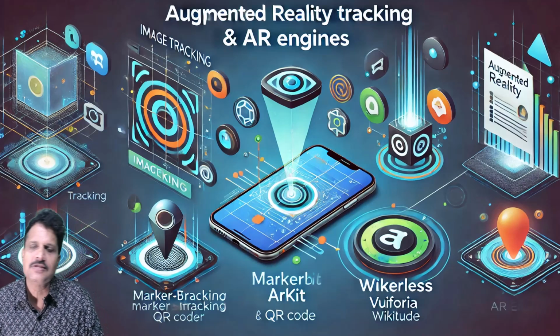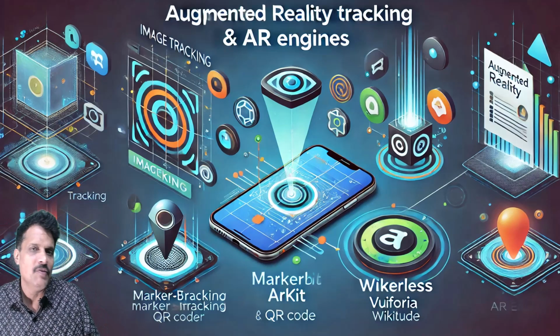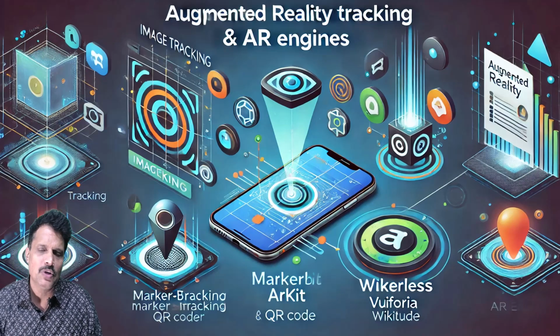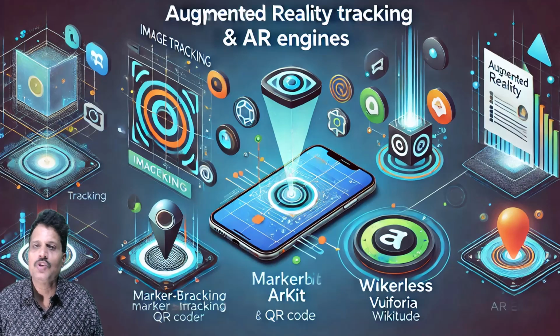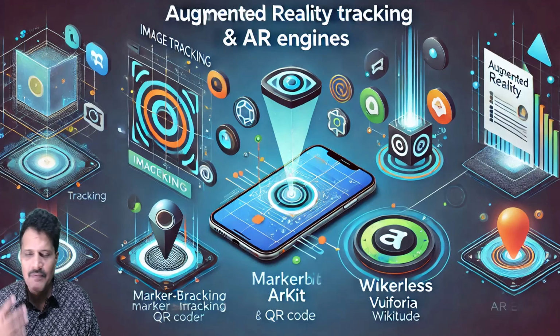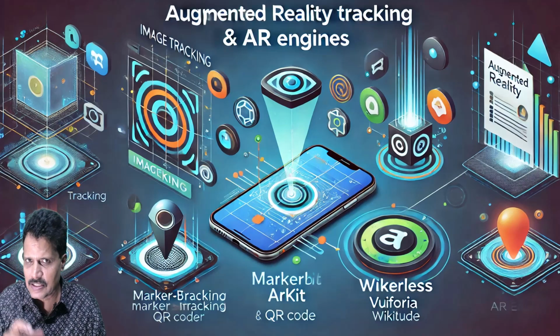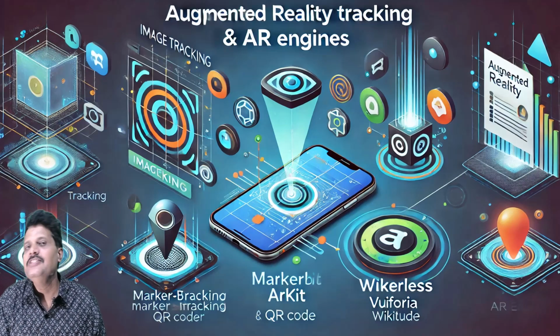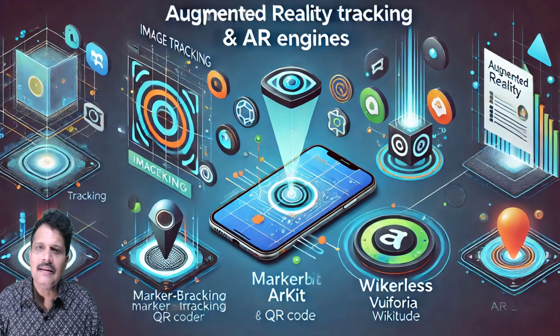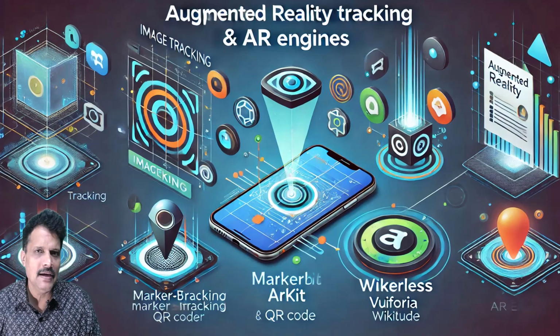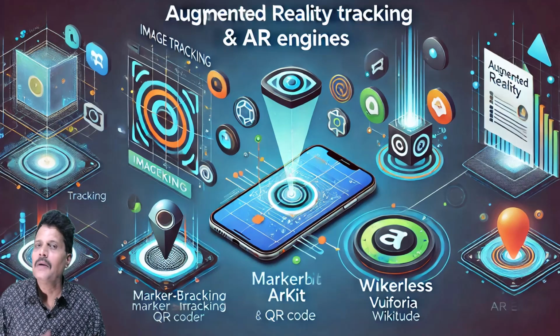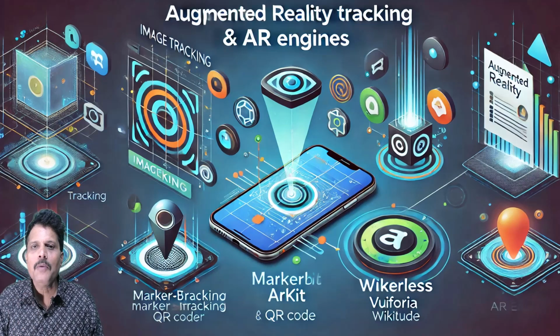What is the system? For example, if you have worked with After Effects to track an object, we use software like Mocha Pro. Now After Effects has built-in tracking, so there is a tracking engine. Similarly, for augmented reality, we use something called the augmented reality engine.